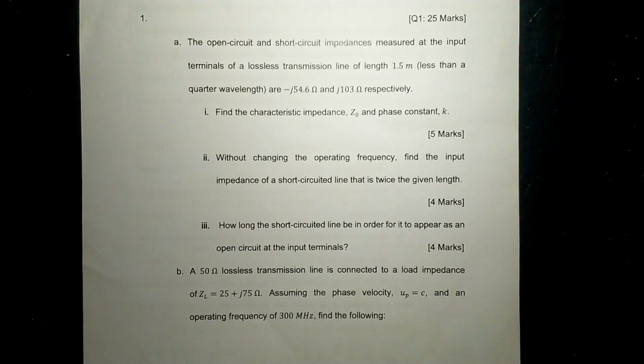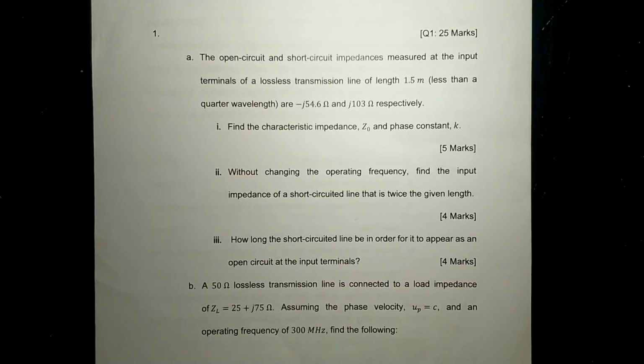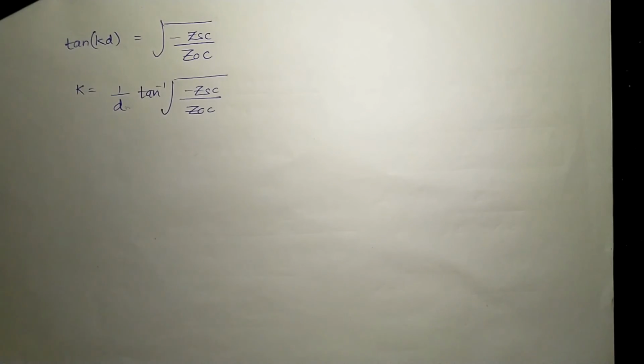Now let's go to the third question. How long must the short circuited line be in order for it to appear as an open circuit at the input terminals? For it to appear as an open circuit, the ZL value must go to infinity.